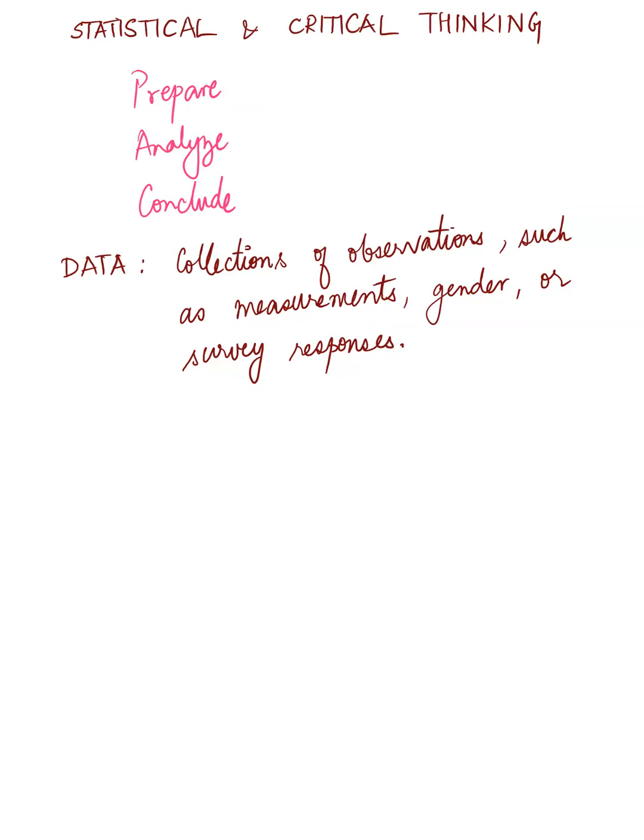That could come from already collected data, or it could be something that you are interested in and want to observe. For instance, you want to see how many red cars there are in the city, and so you could go after that data.